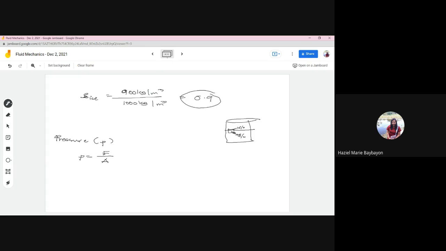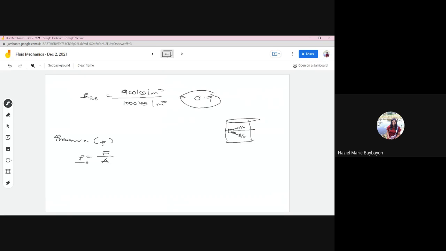So this force here is the force that is normal or perpendicular to the area that it is exerting on. For example, in terms of fluid, take note class that pressure is a scalar quantity.